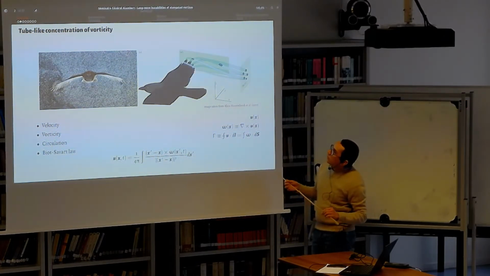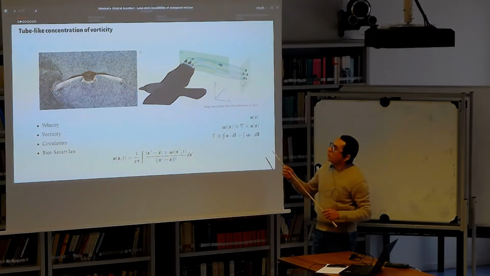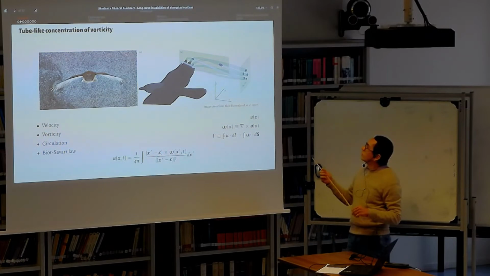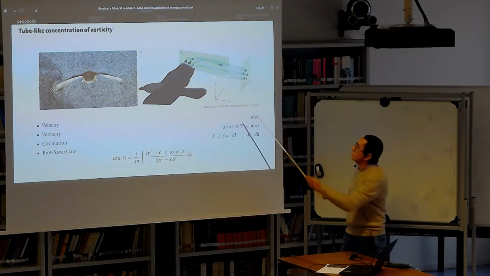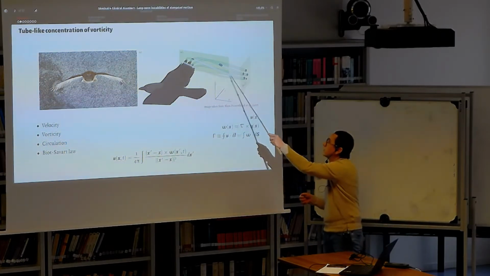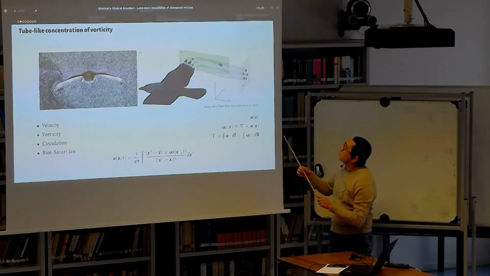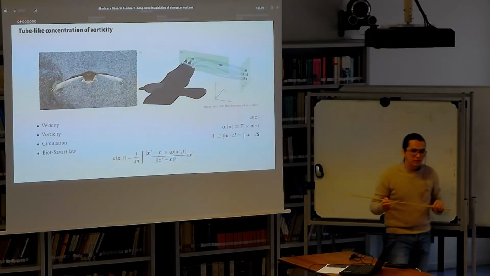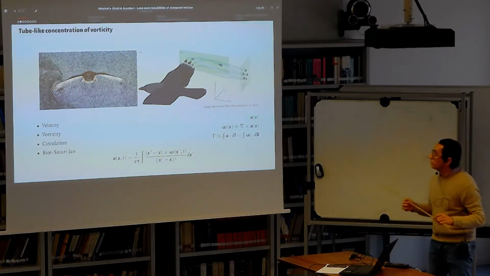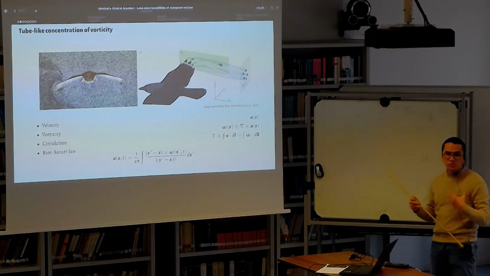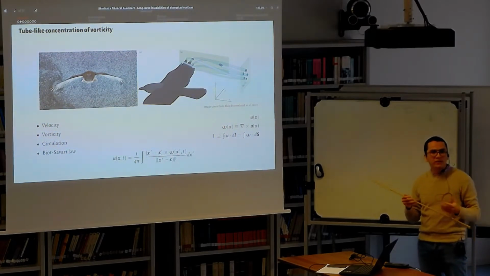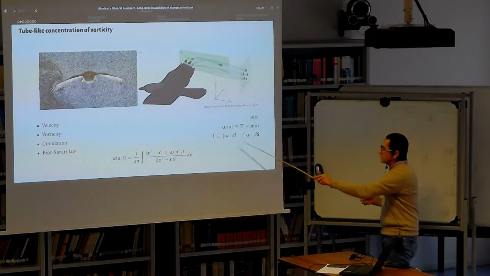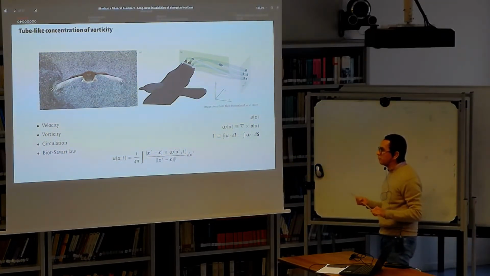All right. So what we call an elongated vortex, from a certain point of view, is this concentration of vorticity into a tube-like structure, like the ones shown in this image, and each of these vortices is going to be characterized by a global quantity which tells us how fast it is spinning, which is this circulation gamma.